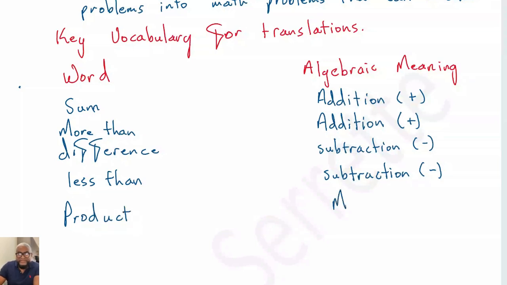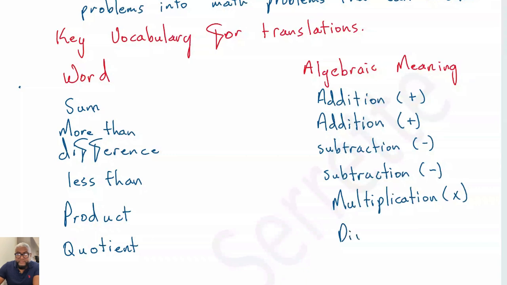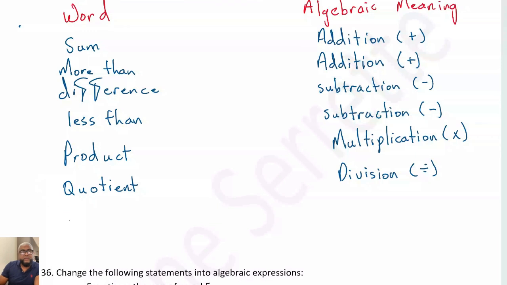Excellent. Multiplication. Quotient means division, right? Division. Is or equal, well, both of them mean equal, right? Is is the equal sign, okay?